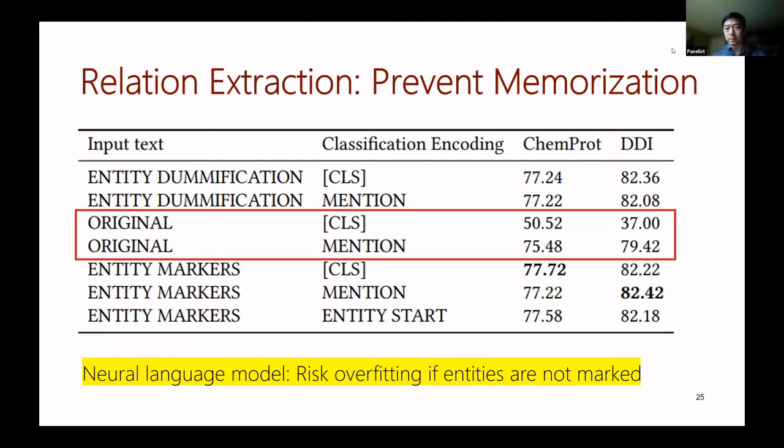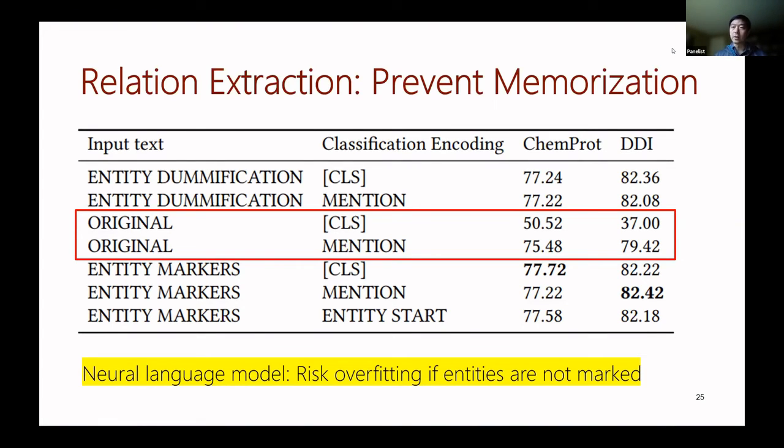When you replace those feature-based models with neural networks, this becomes much harder to guarantee. If you are not careful, the neural network can simply memorize the entity tuples, leading to overfitting and sometimes disastrous performance degradation, as you can see here, if you just use the original tokens without any other special handling.